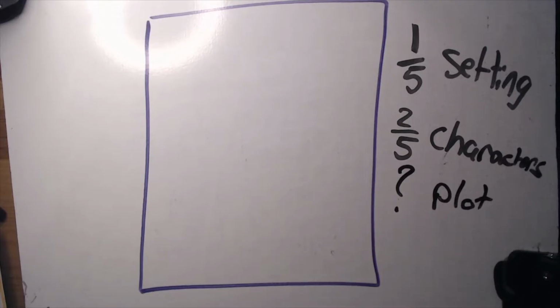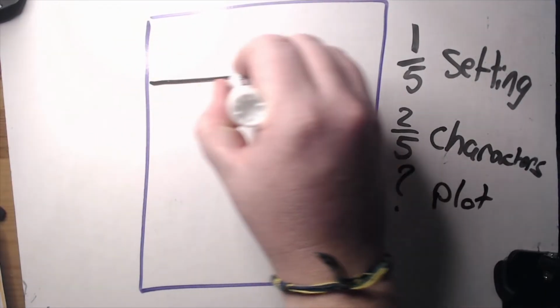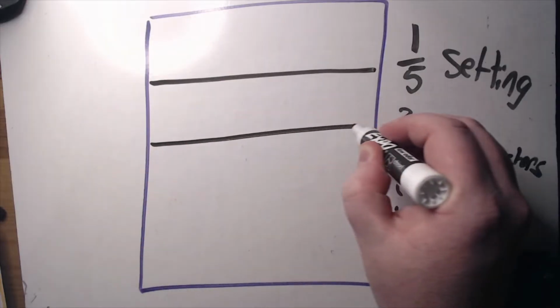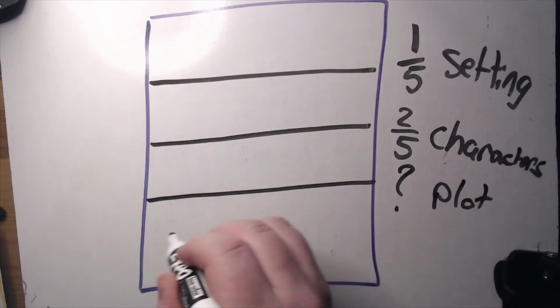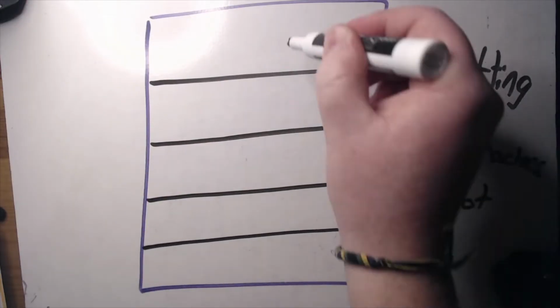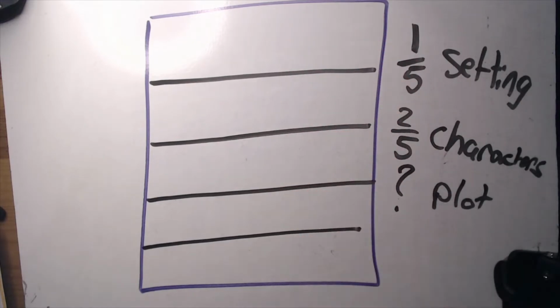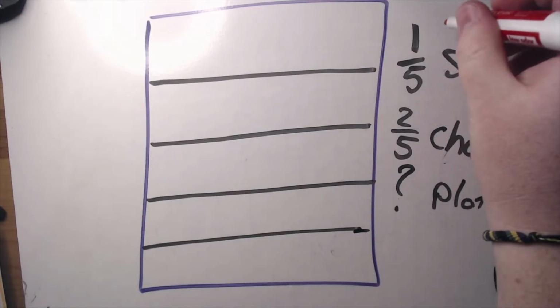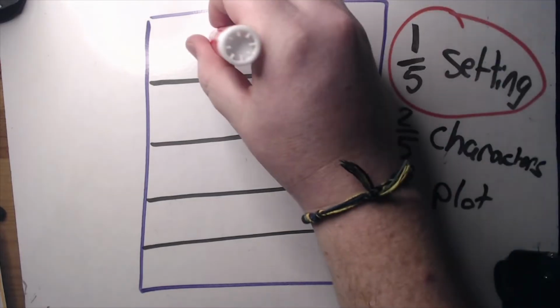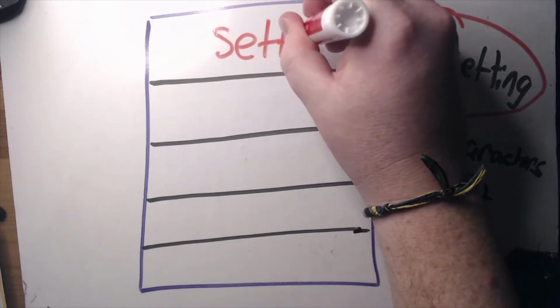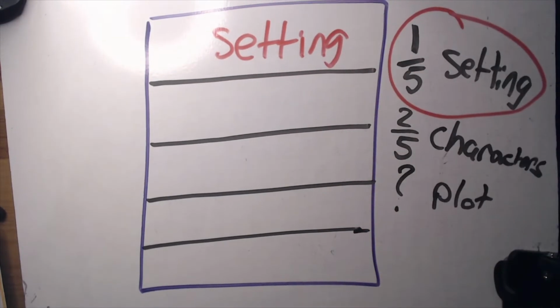Well, I'll tell you one thing. I know we need to cut this into fifths, so let's do that. So 1, 2, 3, 4, 5 total sections. Now, one of these 5 pieces is going to be for the setting. So I'm going to circle this in red, and write setting right here. Setting complete.